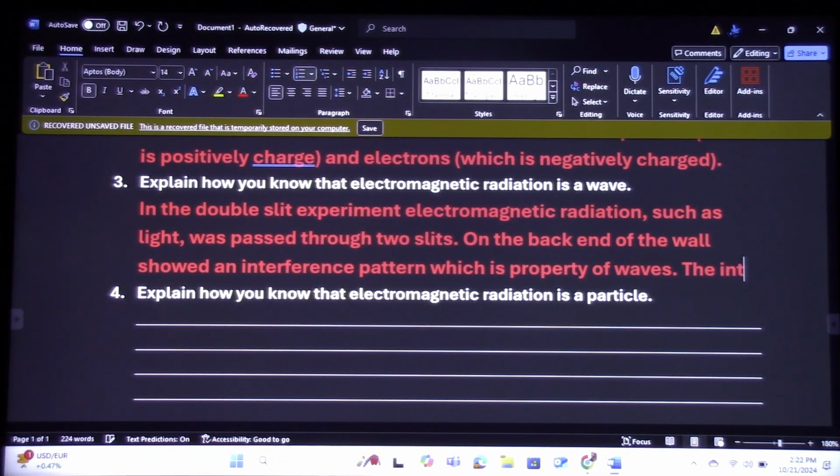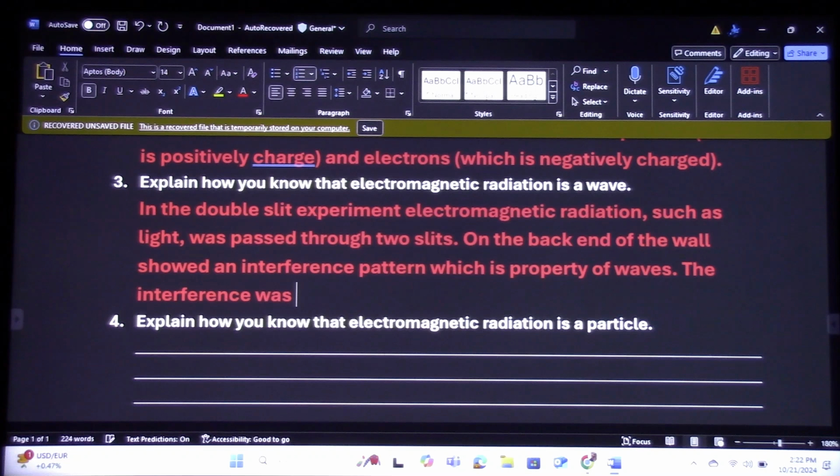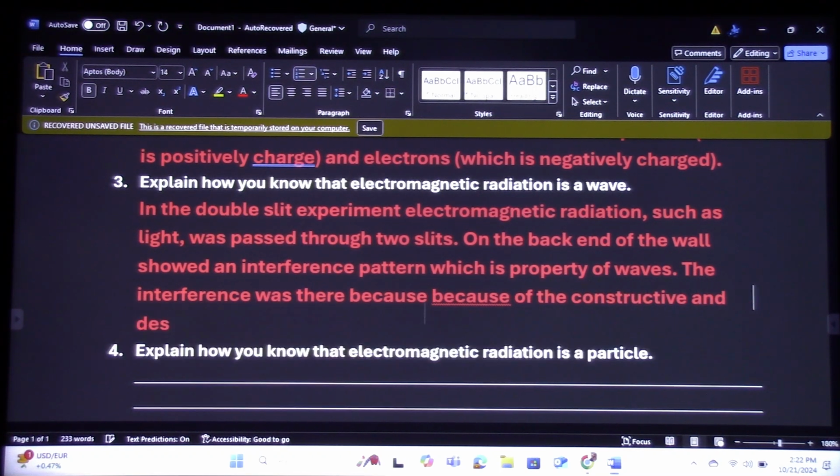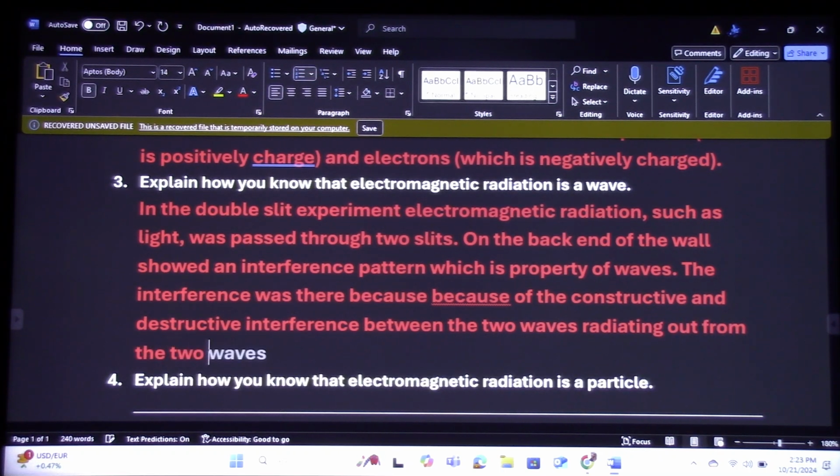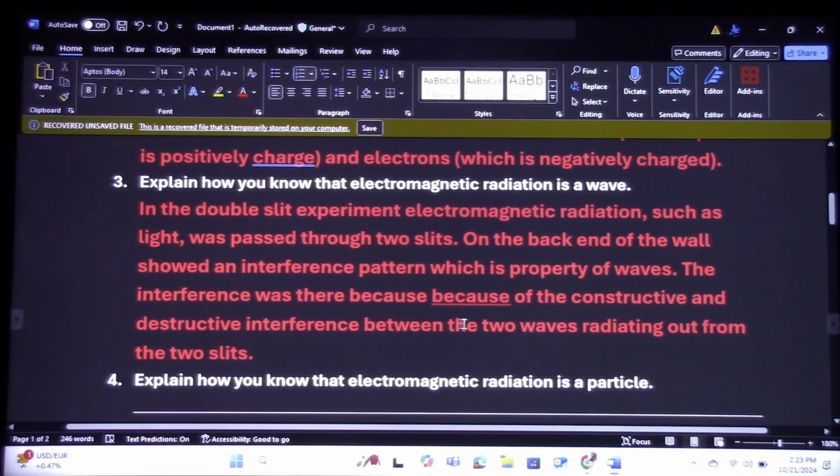The interference pattern was there because of the constructive and destructive interference between the two waves radiating out from the two slits. Okay.